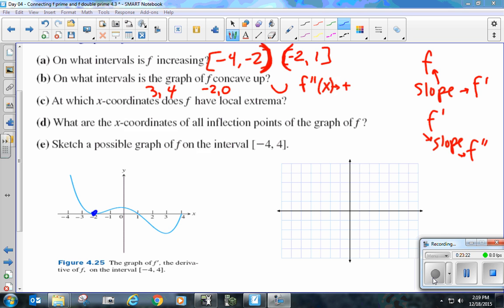It's equal to 0 at -2, at 1, and actually at 4 again, right there. That's when the first derivative is 0. Extrema means critical points, which means when f prime equals 0. That happens at -2, 1, and 4.